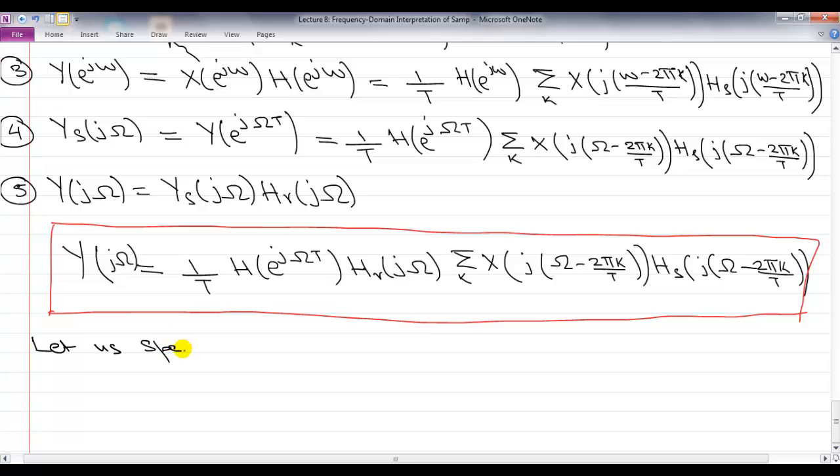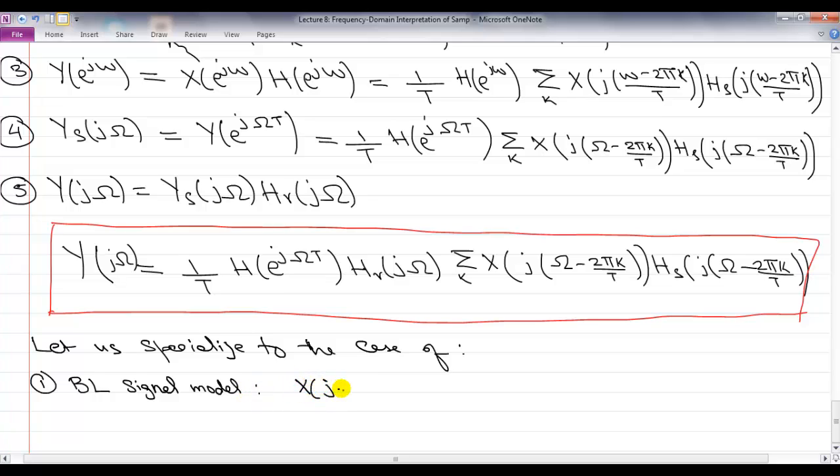Let us specialize to the case of, number one, the band-limited signal model. Which means that x of j omega is equal to 0 for all omega which are bigger than pi by t.